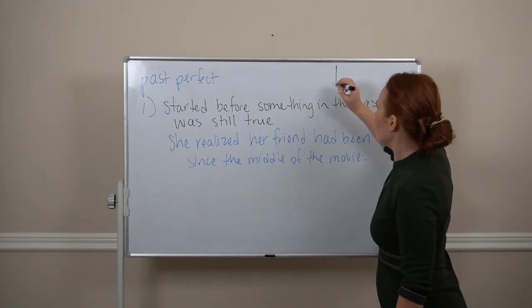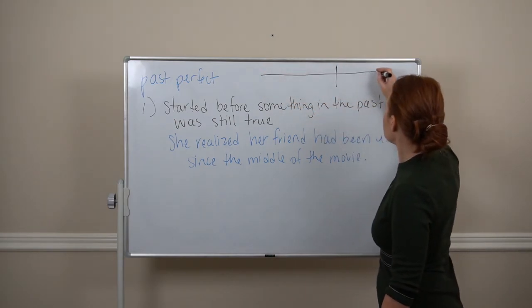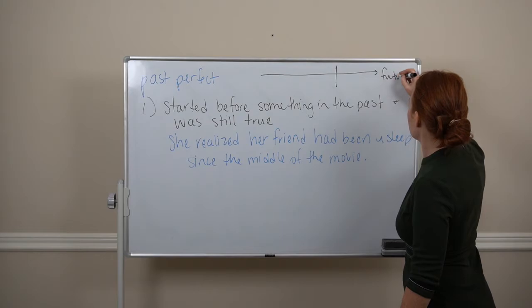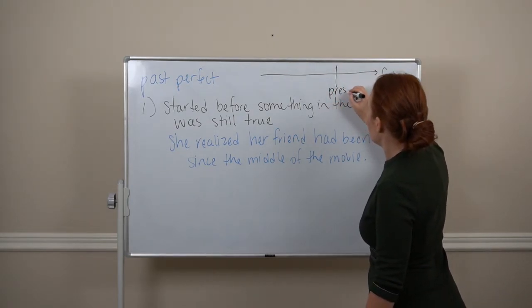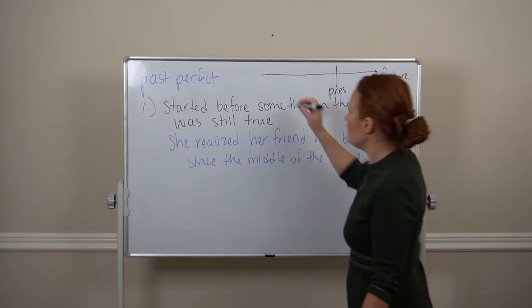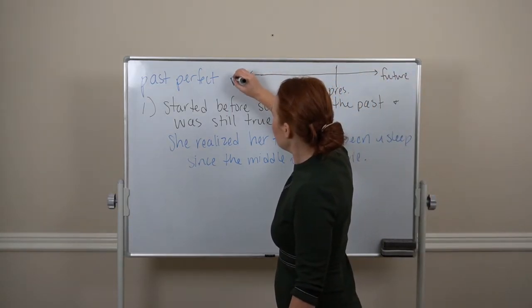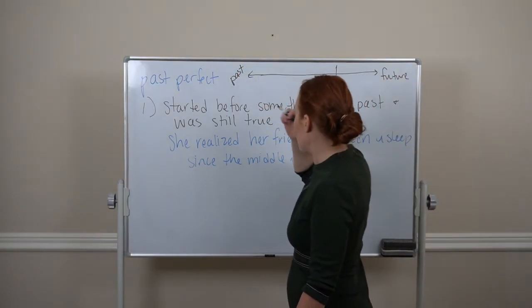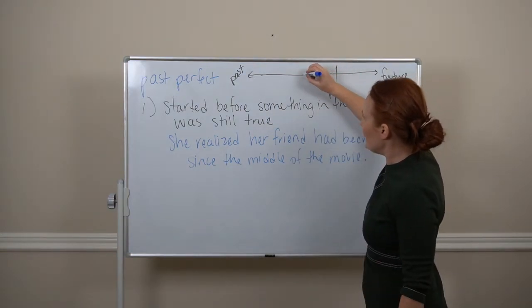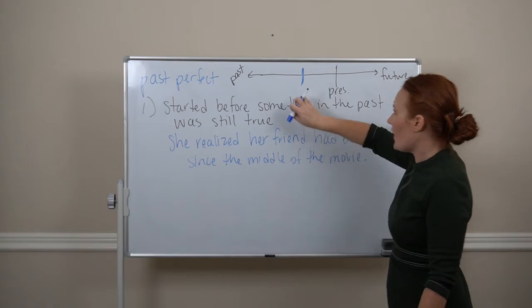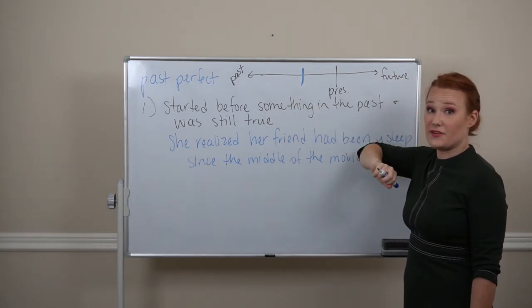So, let me put that again on a little chart. We've got future off that way. Present is our vertical line. And past is off to the left. We have, let's say, this point here. And this is our new reference point.